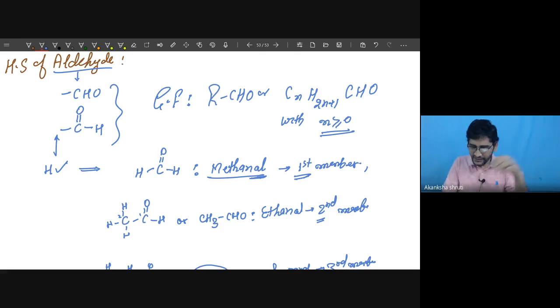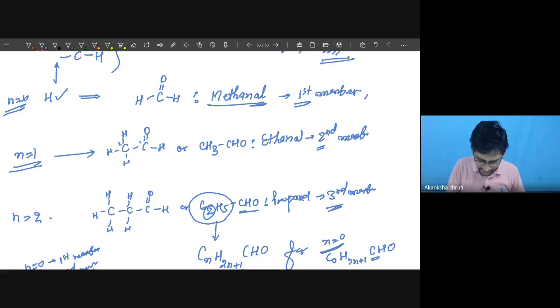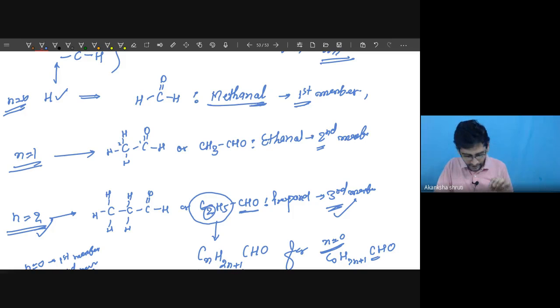So here for n equals 0, we had obtained this. For n equals 1, we had obtained this. For n equals 2, we had obtained this. Means n equals 2, we are getting the third member. So my intent of saying is that you do not blindly think that n equals 2 will give the second member of aldehyde.